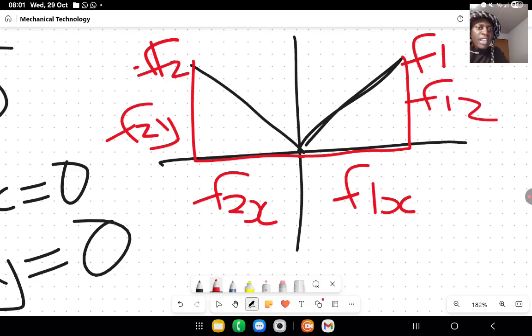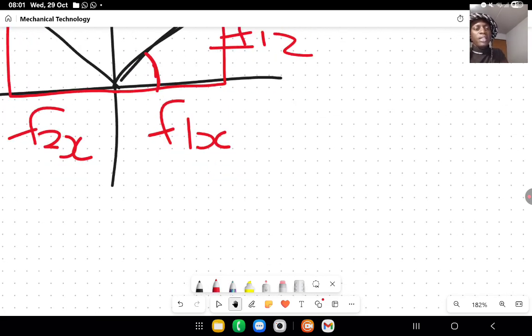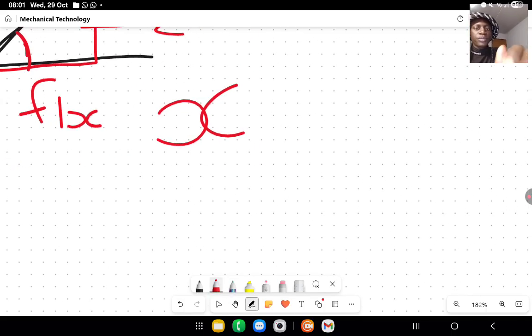If we are given an angle, we will use our trig ratios. If we are given the hypotenuse, opposite and adjacent, we are going to use the trig ratios. Sometimes we are allowed to use Pythagoras.